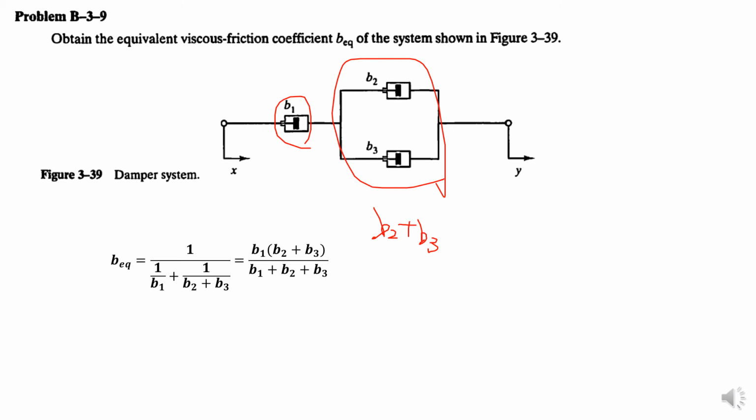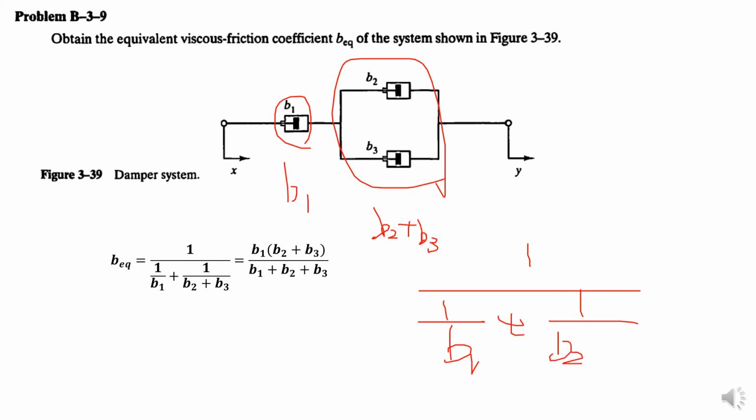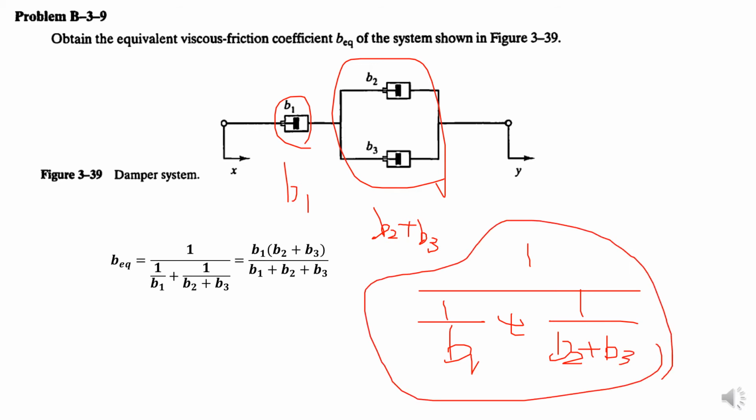So my solution will be, this is B1, so the final solution will be 1 over B1 plus 1 over this whole term, B2 plus B3. So this is the equivalent damper term.